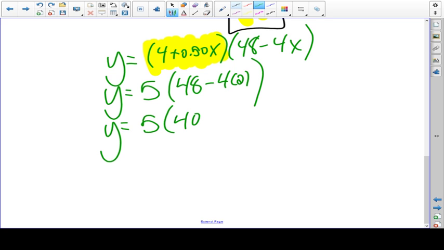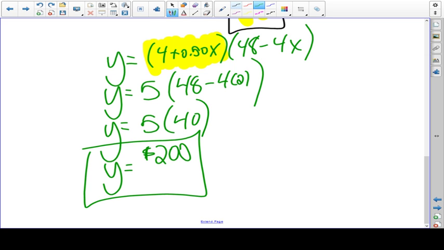So it's 5 times 40, which is a maximum revenue of $200. $200. Okay?